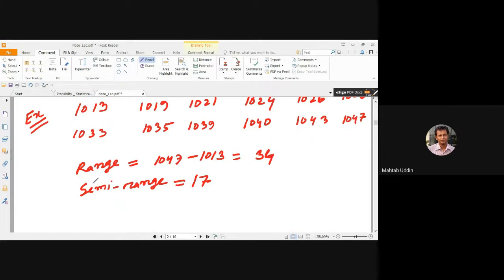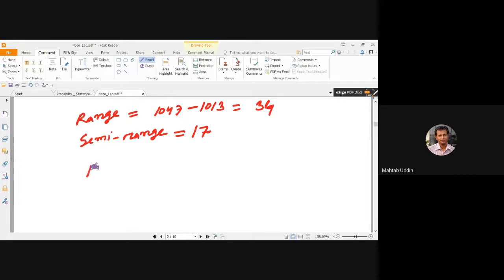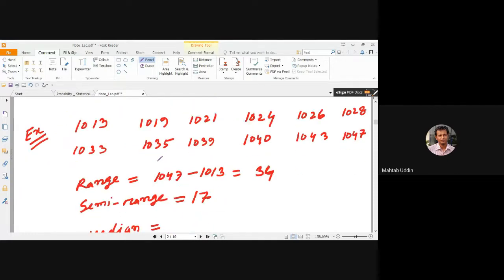Now we'll find the median. Here n is 12, right?